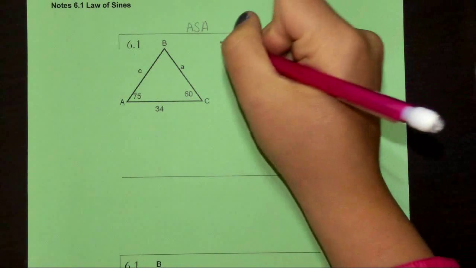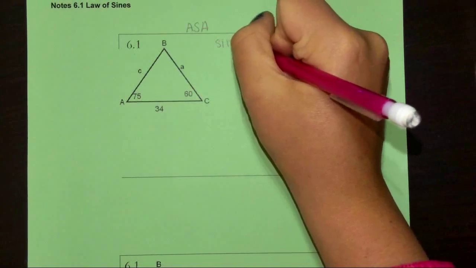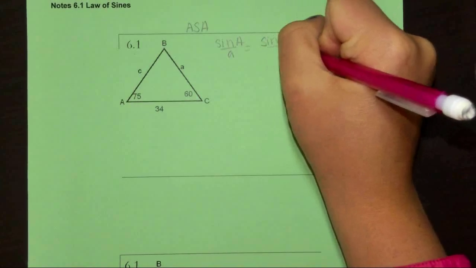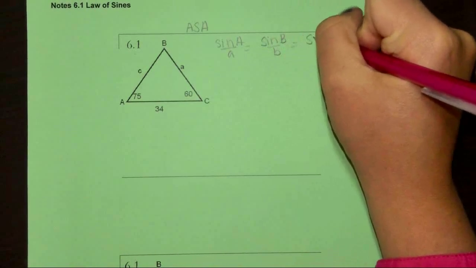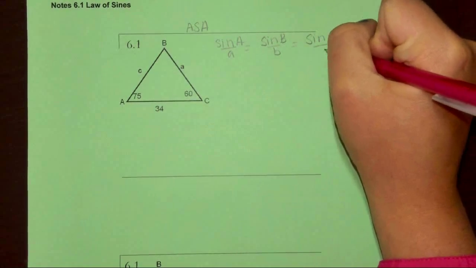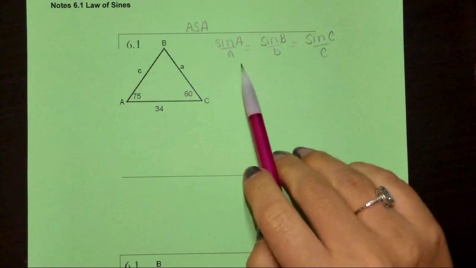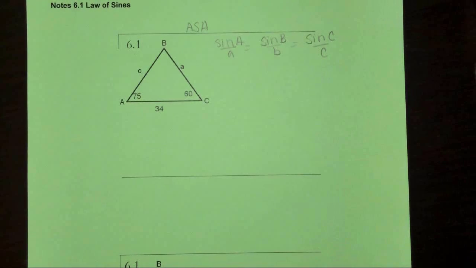So what you can do is, here's our formula. And if you'd like, you could set up all three of your ratios right now just to see what you've got. But what I like to see is, do I have any side angle pairs right off from here?